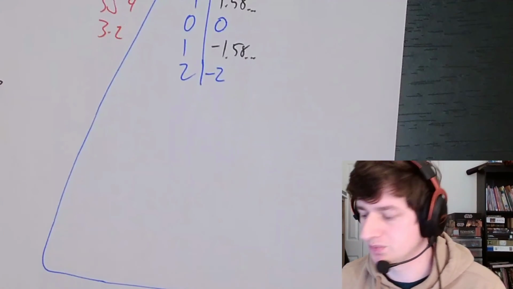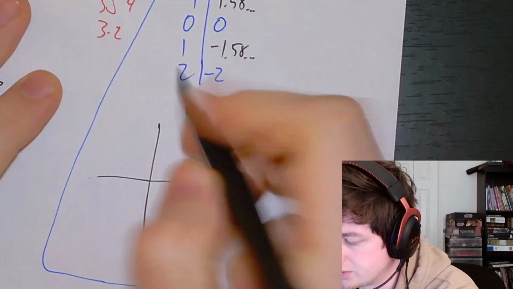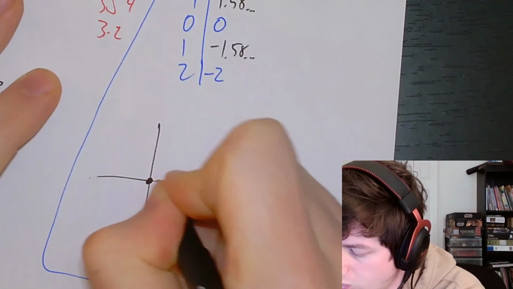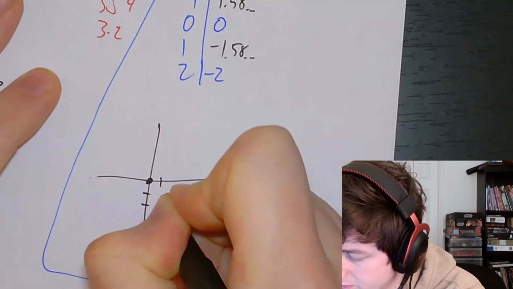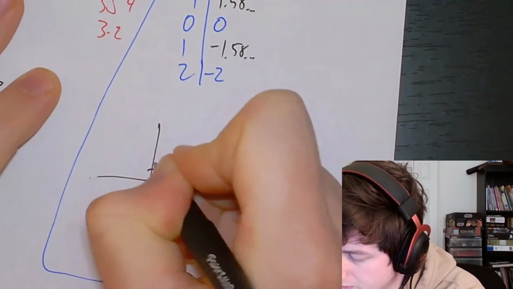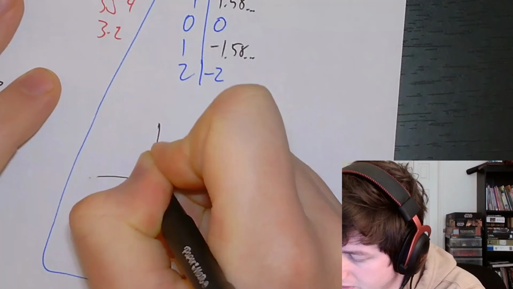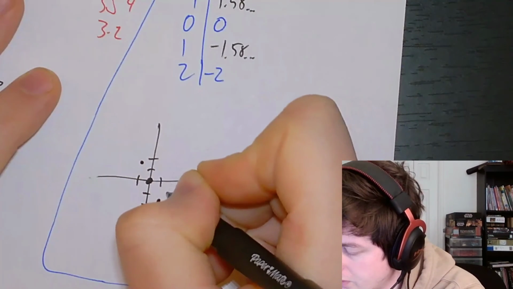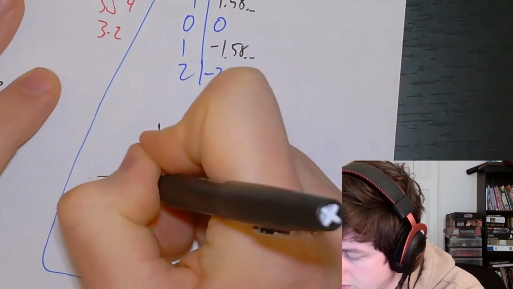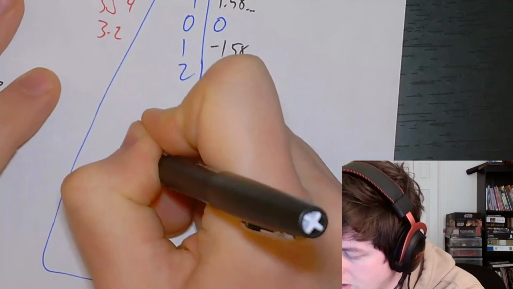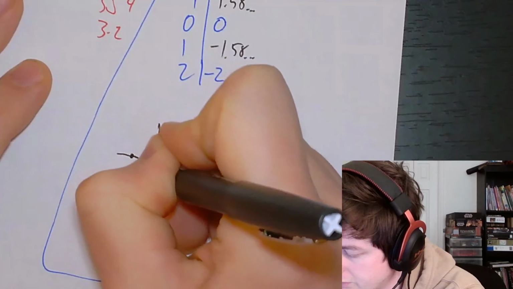And then we just graph those points. So we get 0, 0, 1 comma negative almost 1.5, so about here, and then 2 comma -2, and -2 comma +2. And so our graph looks like this.